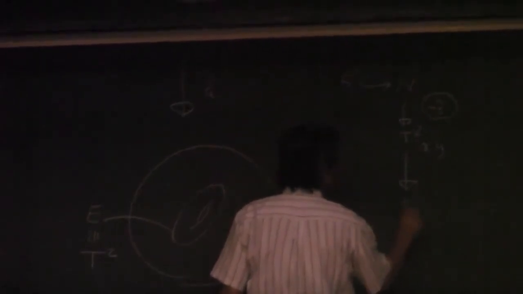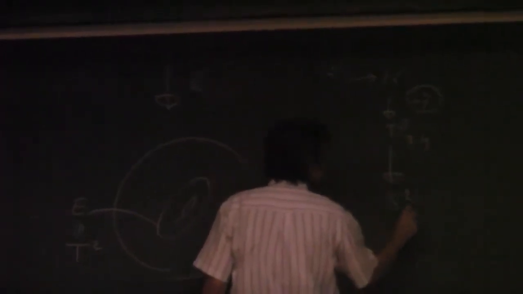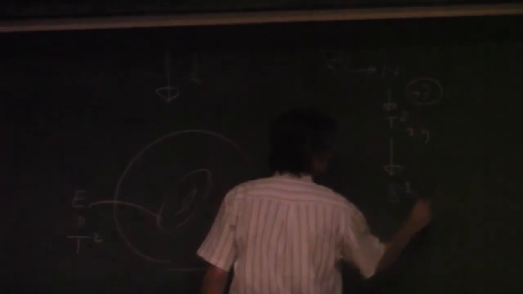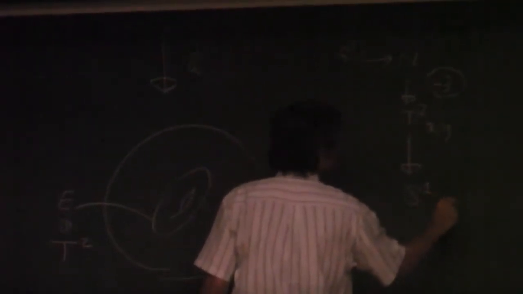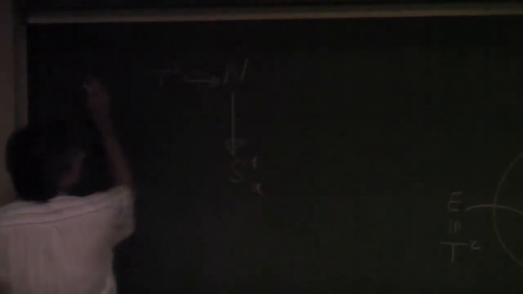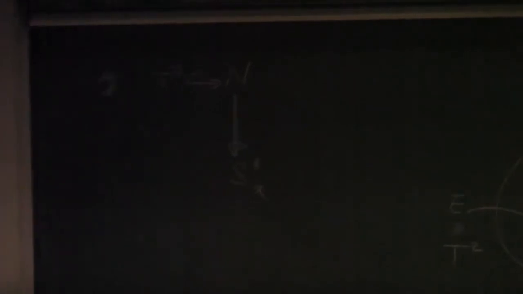So we go down to one circle of the x coordinate. What we get is a T2 bundle over the circle, and then the coordinate y goes upstairs.